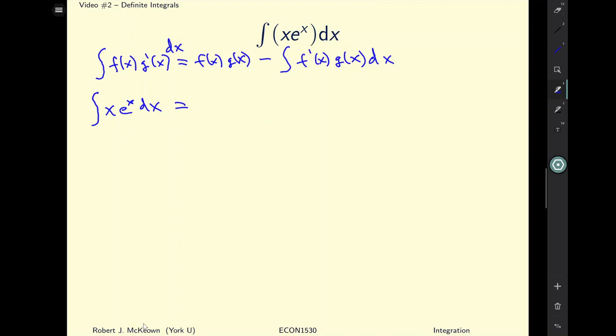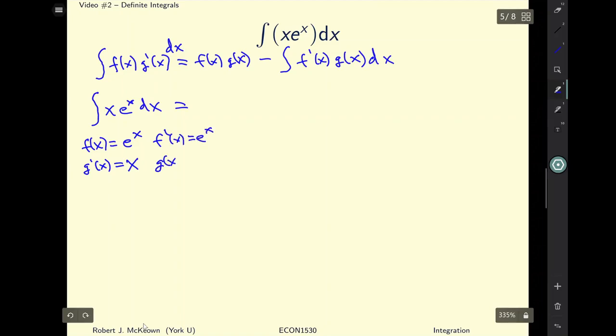Why don't I let f of x be equal to e^x, and why don't I let g prime of x be equal to x? That means that f prime of x is just going to be equal to e^x, and g of x is going to be equal to x squared over 2. Easy enough. I know how to find the integral of x.